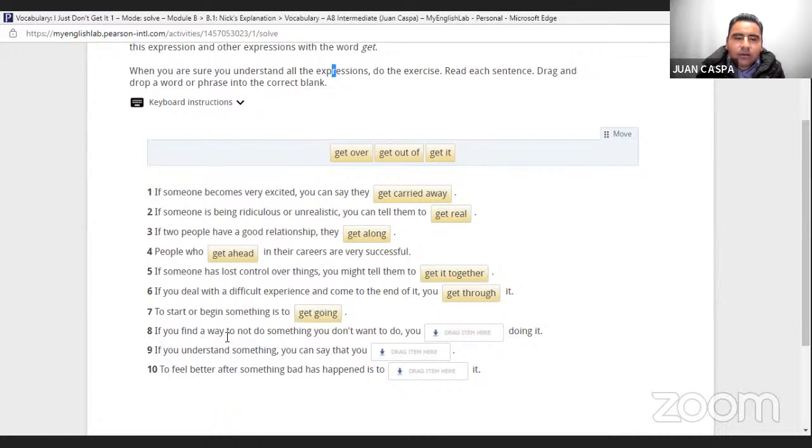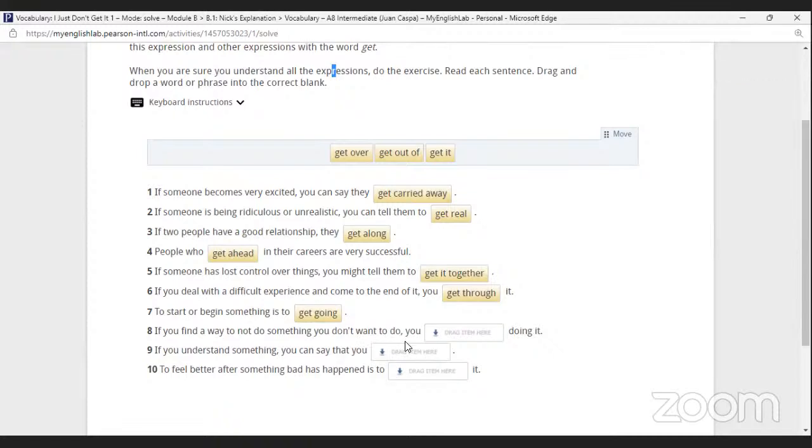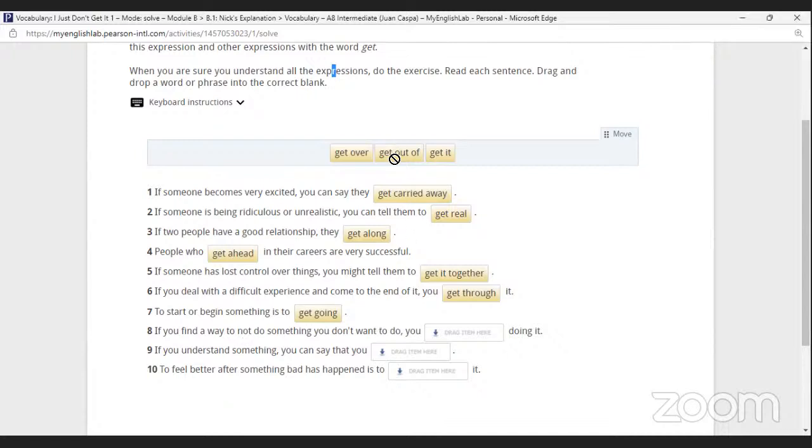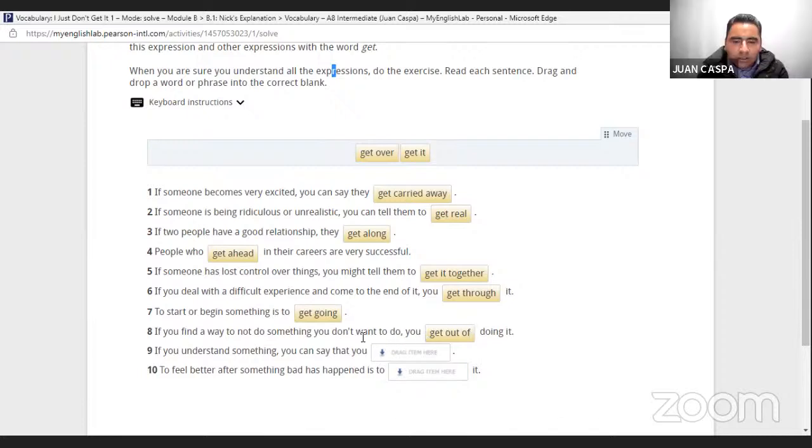If you find a way to not do something you don't want to do, you get out of it, right? When you don't want to do it and you leave, you abandon it. Yes.